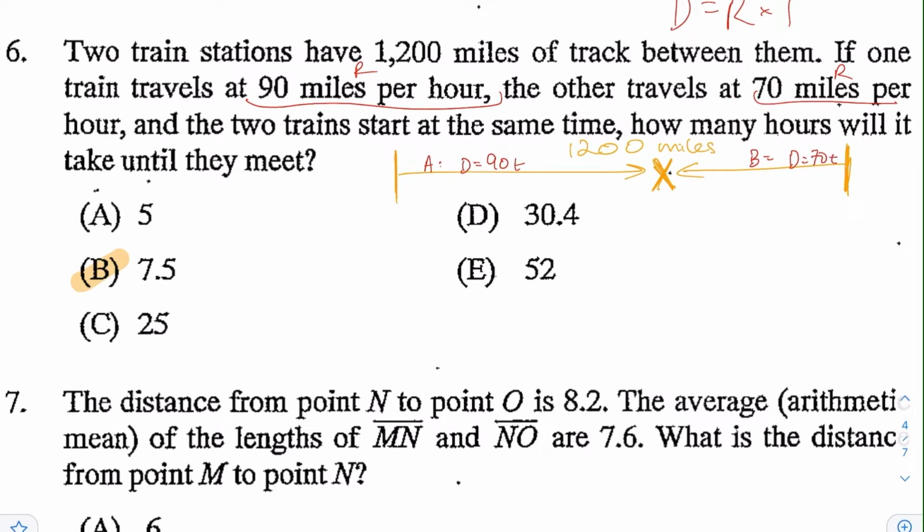Now, when you take the distance that A travels plus the distance that B travels, you add them together, you'll get the total, which is 1,200. So 1,200 miles will be 90T plus 70T. This is, again, the distance that A travels, and 70T is the distance that train B travels.